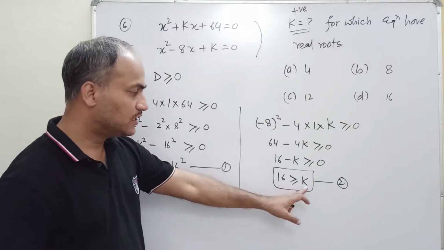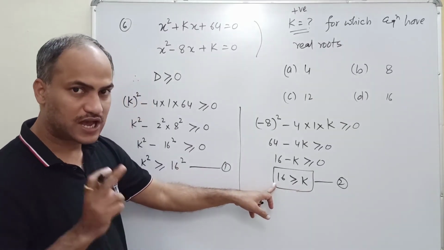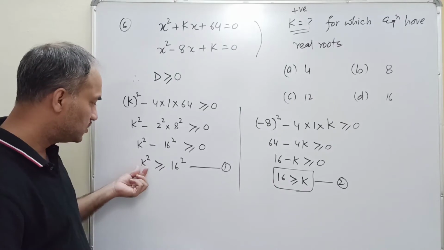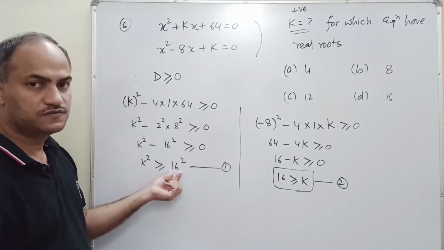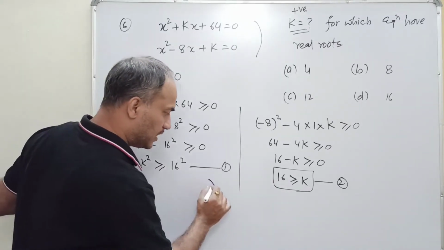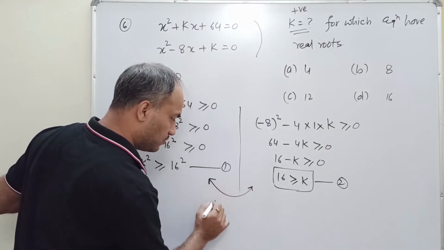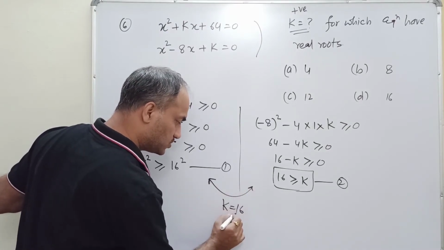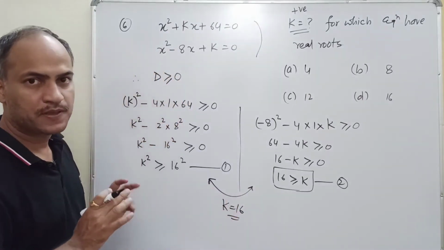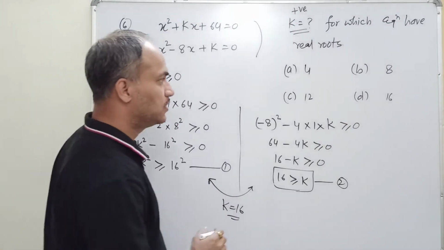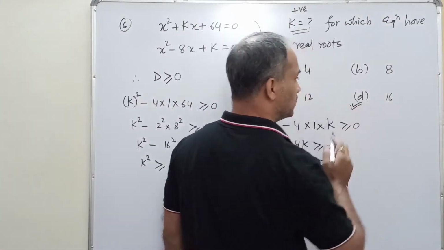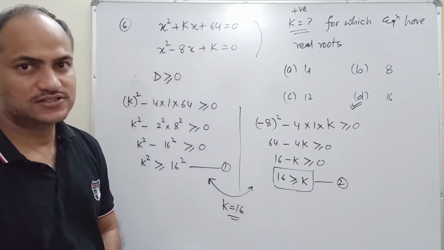Okay, when k is equal to 16, that is the only possibility when the square of k will be equal to the square of 16. So combining these two, we only get k equal to 16. This is the only possibility for these two equations. So D is 16, that is the answer.